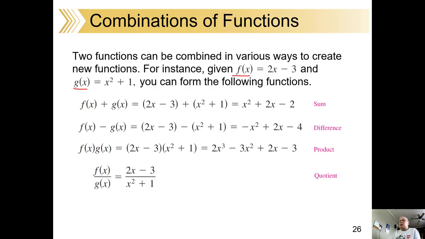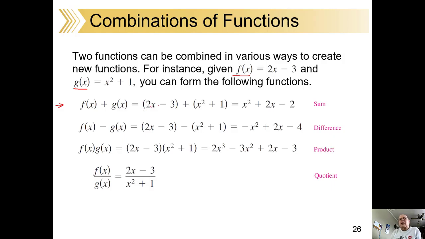Well, that's nice for Frank and George, but I want to make one of my own. I'm a unique person. I should have my own function. So what I'm going to do is create a new function. I'm going to make my new function real easy. I'm going to take Frank's function, add it to George's function, and all I need to do is just add the individual definitions and simplify.